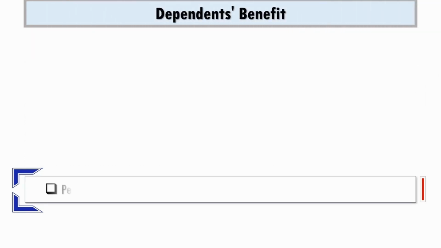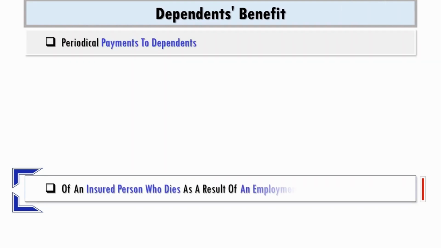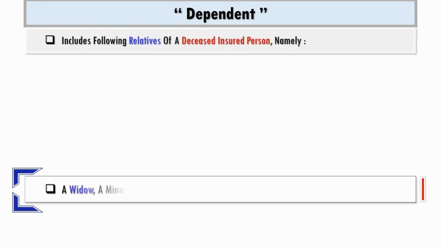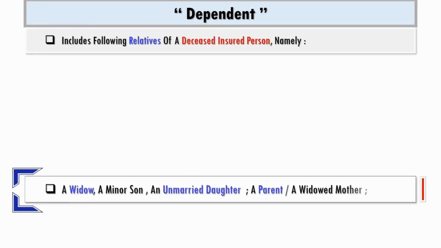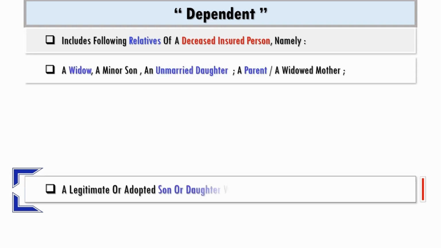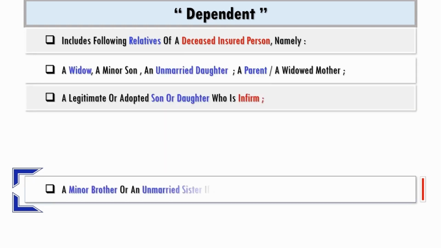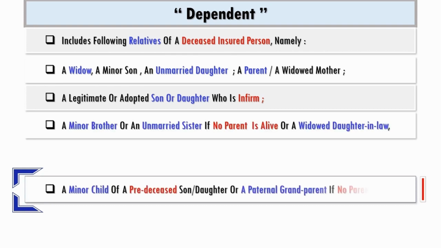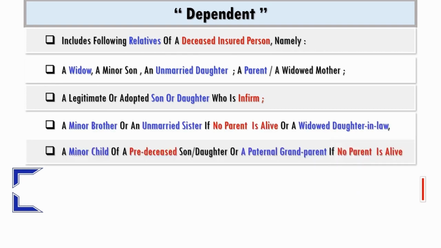ESI makes available dependents benefit as a periodical payment to dependents on the death of an insured person as a result of an employment injury. Dependent includes relatives of a deceased insured person comprising widow, minor son, an unmarried daughter, a parent or a widowed mother, a son or daughter who is infirm, a minor brother or an unmarried sister if no parent is alive, or a widowed daughter-in-law, and a minor child of a predeceased son or daughter or a paternal grandparent if no parent is alive.